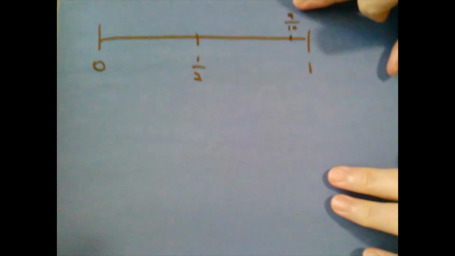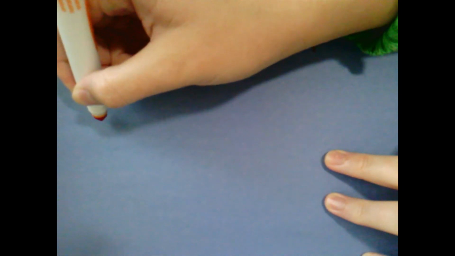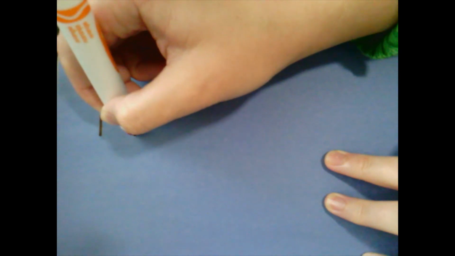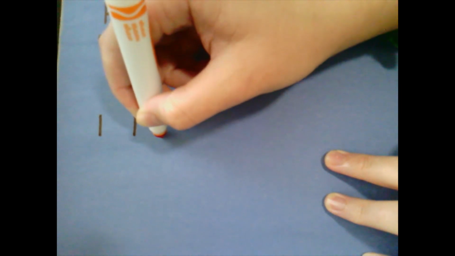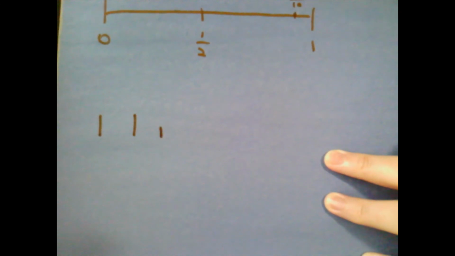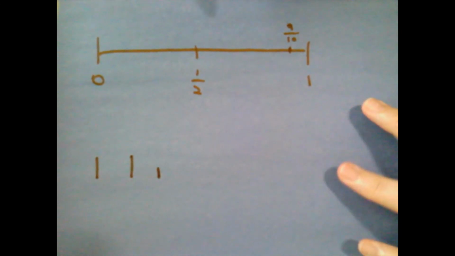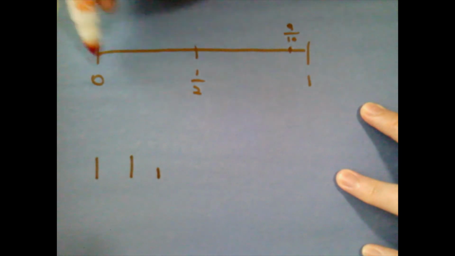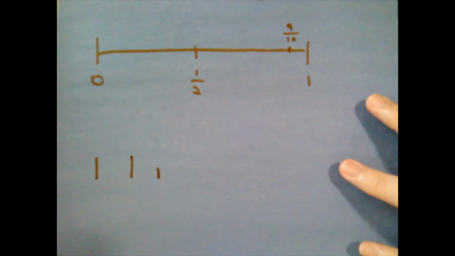Now we know 2 2/3 times. So I'm going to have one whole, another whole, and then half of a whole. So we're going to have one whole times this, two wholes times this, and then we have 2/3 of a mile.